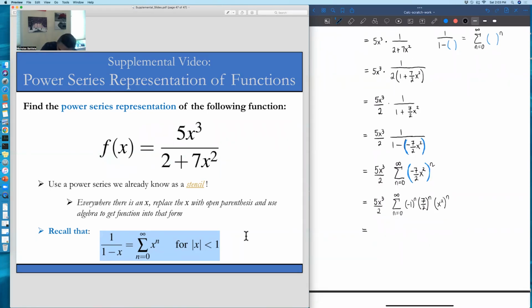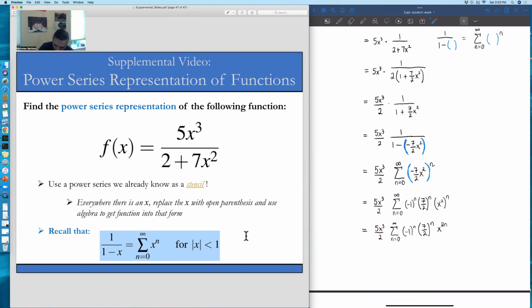All right, so one more time, I'm going to leave this 5x cubed over 2 out in front just momentarily, and then rewrite some of what we have. Now we have a minus 1 to the n. We have a 7 over 2 raised to the n. And since we have a quantity x squared raised to the n, we could write this as x to the power of 2n.